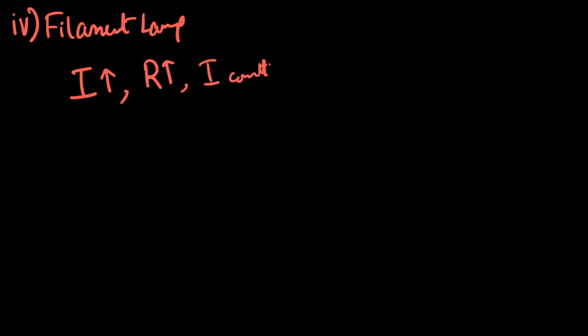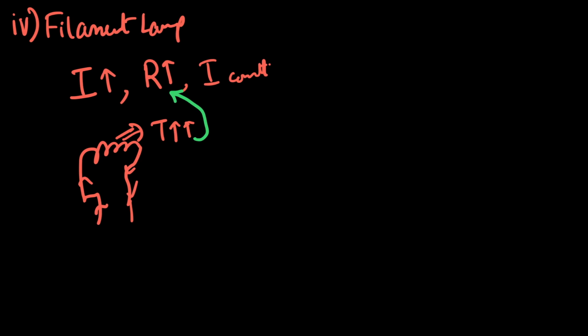So the current stops increasing. Current passes through a coil, a wire, like this is the coil and the current goes in and the current comes out. So this coil starts to heat up, the temperature starts increasing. Now because the temperature starts increasing, the resistance increases. Resistance increases, it causes the current to stop increasing basically. I wouldn't say the current decreases, I would say that the current stops increasing.